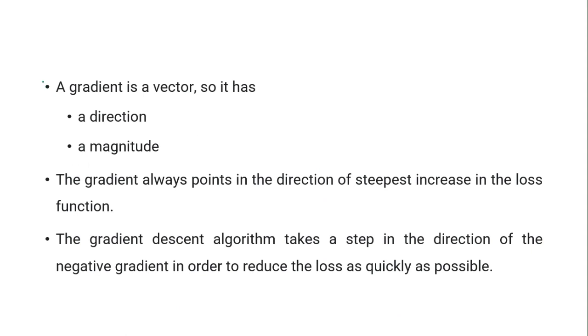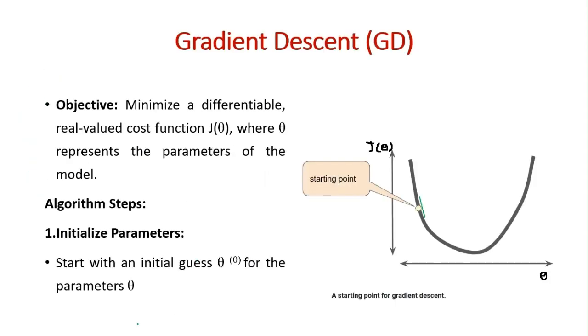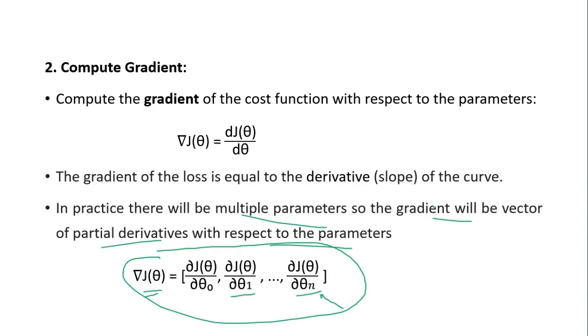We are not discussing these things now. For the time being, understand we have the loss function plotted here. Now we have the initial value of theta. Second step is to find out the gradient vector. Why is it a vector? Because we have different parameters, so it will usually be a vector of partial derivatives like this. Now, by default, the output of the gradient will be a vector from basic mathematics. Gradient means it's a vector.